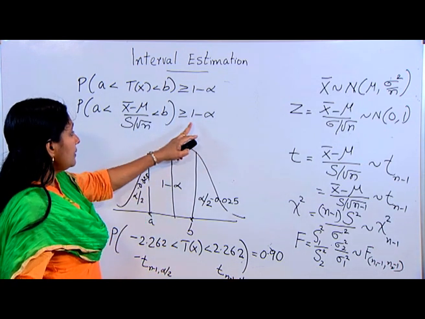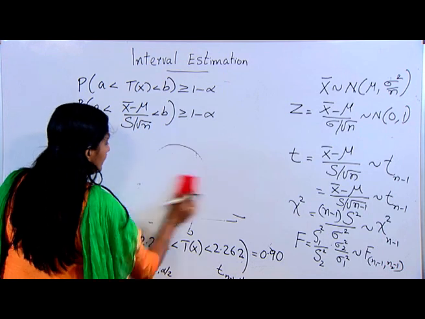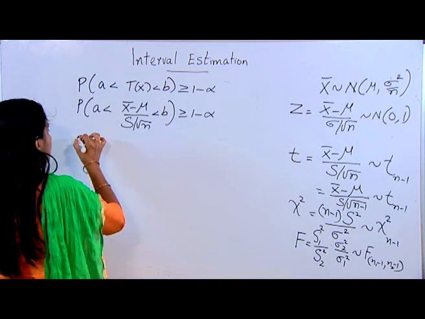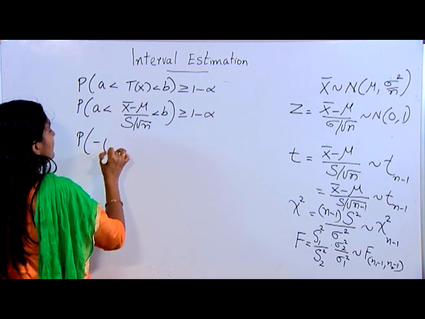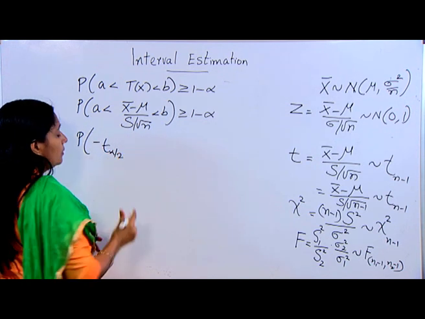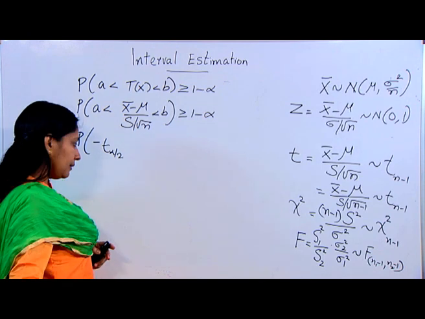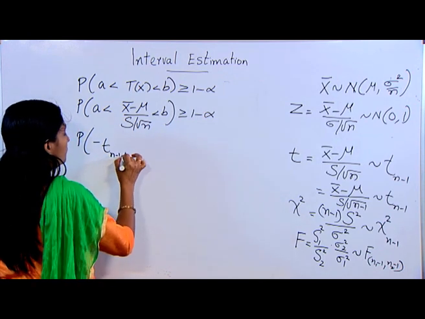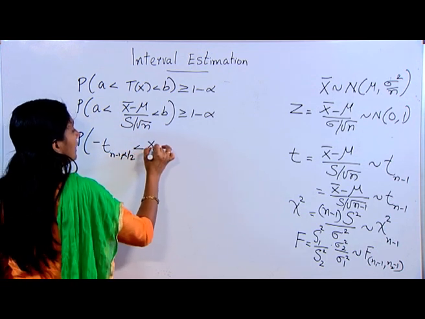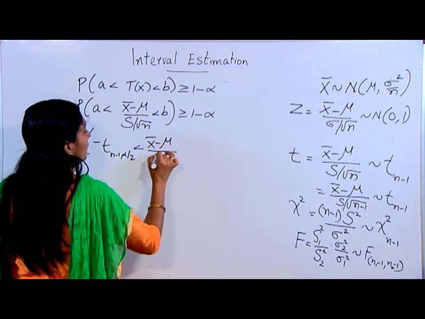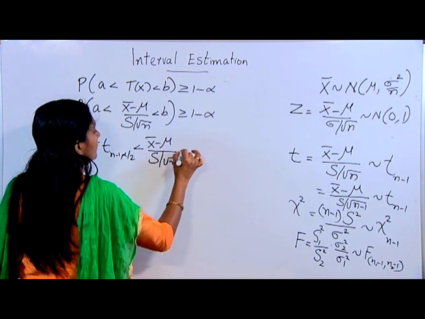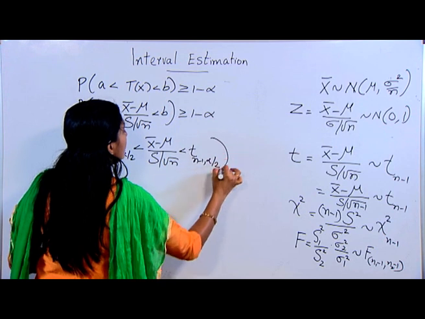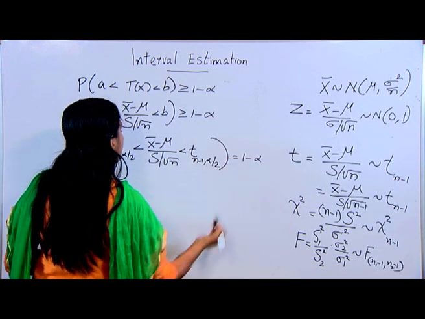Hence, this equation becomes the probability of minus t n minus 1 alpha by 2 less than x bar minus mu divided by s by root n less than t n minus 1 alpha by 2 is equal to 1 minus alpha.